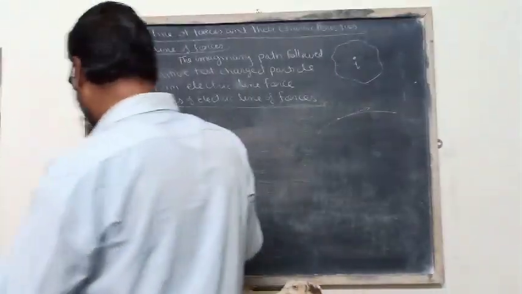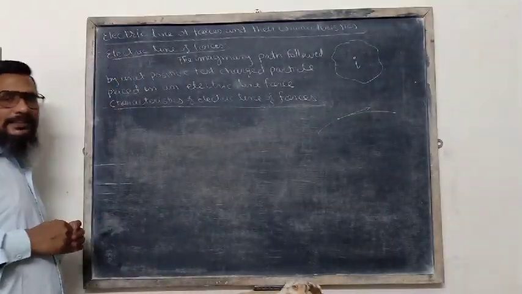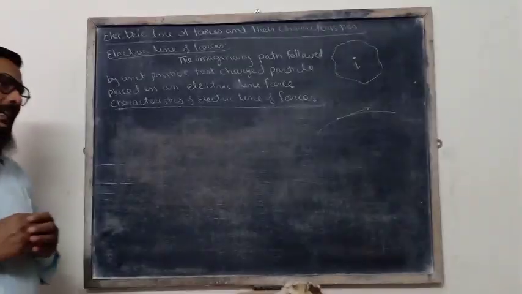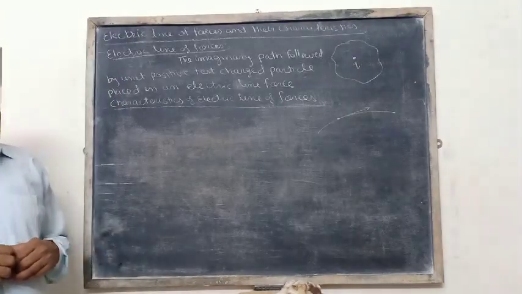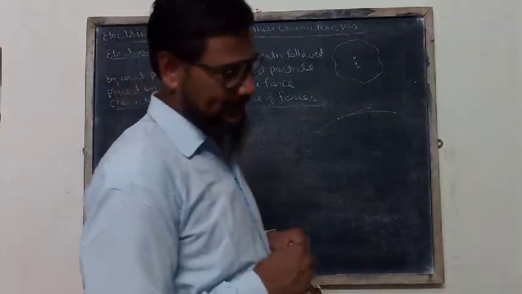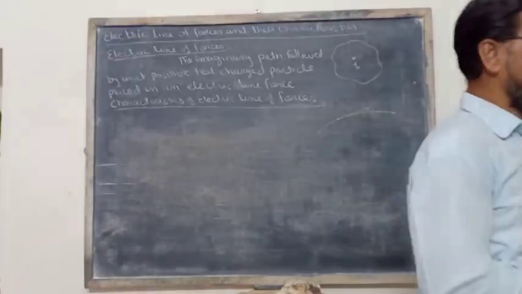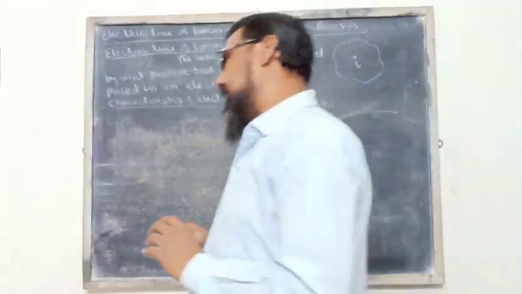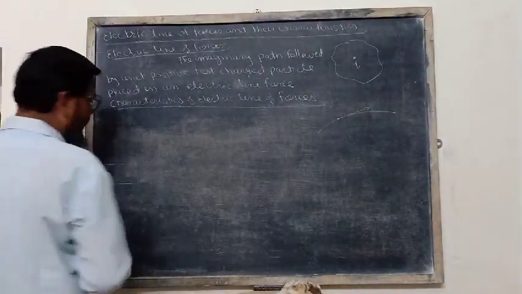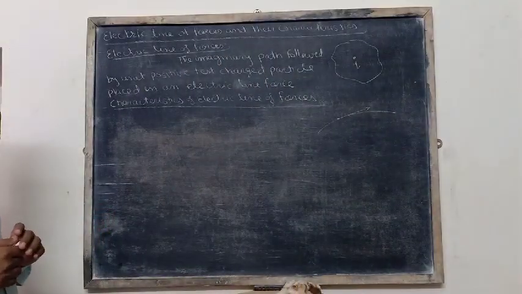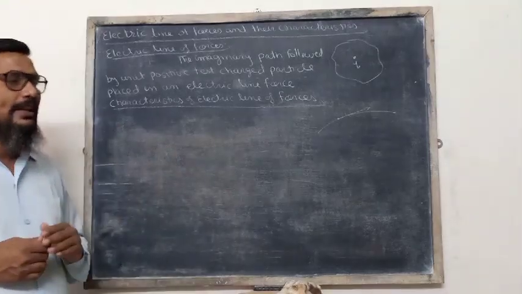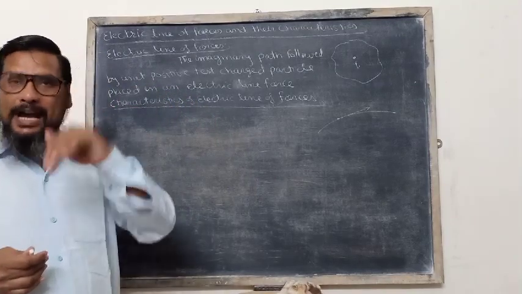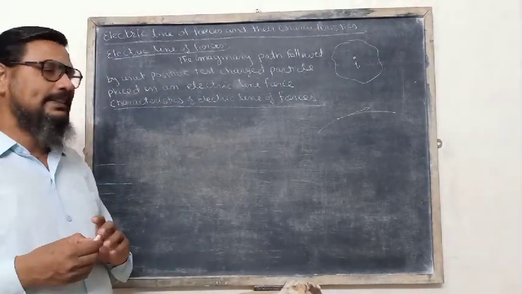Means if at a certain region electric lines of force are close to one another, then the density will be greater and electric field intensity will also be greater. And if electric lines of force are farther from one another at a certain region, then the density will be smaller, and it will show the lesser magnitude of electric field intensity at that region.